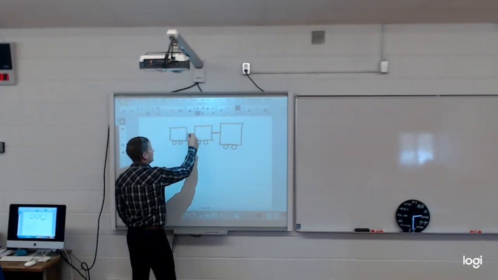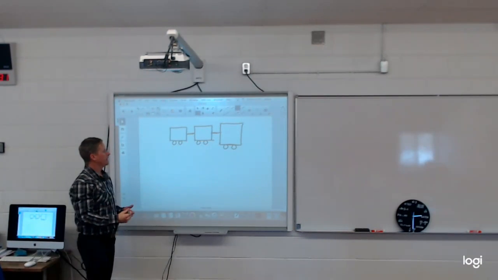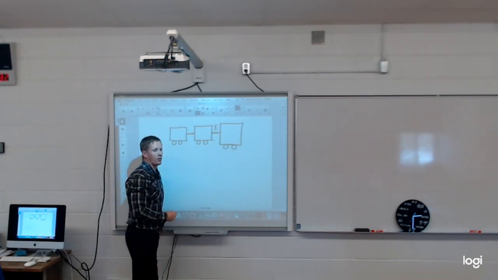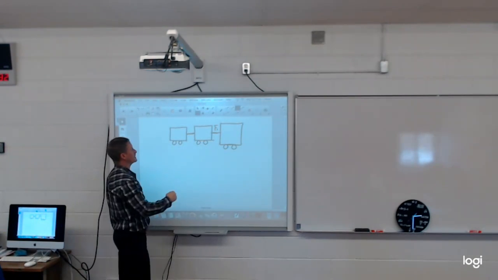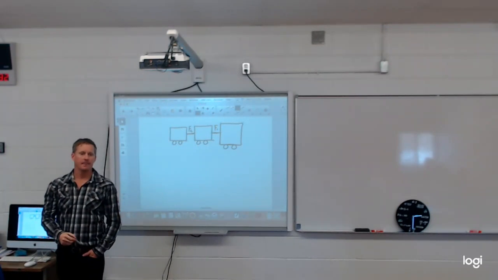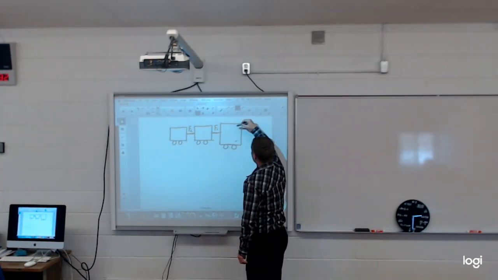What they want you to figure out is that the amount of force on this right here, I'll call it force 1, is not the same as the amount of force on force 2.